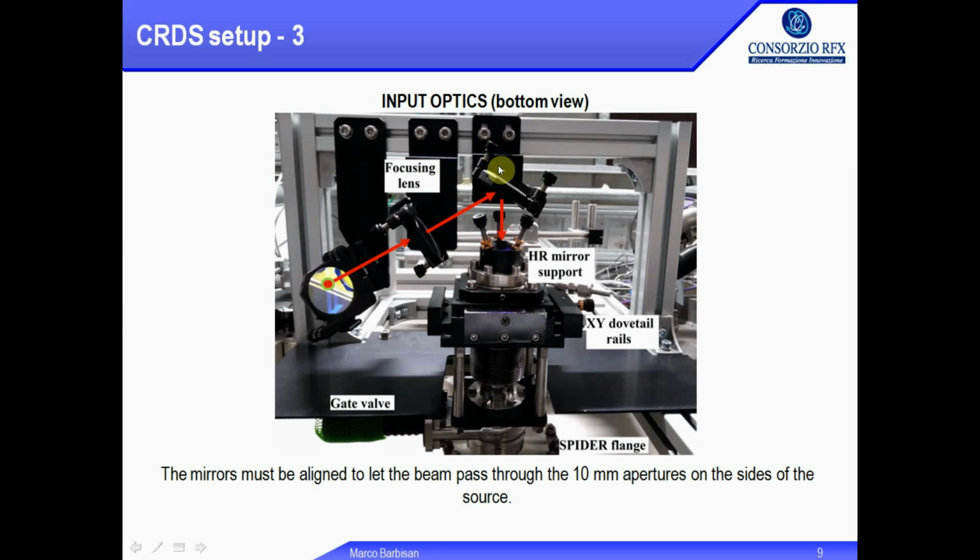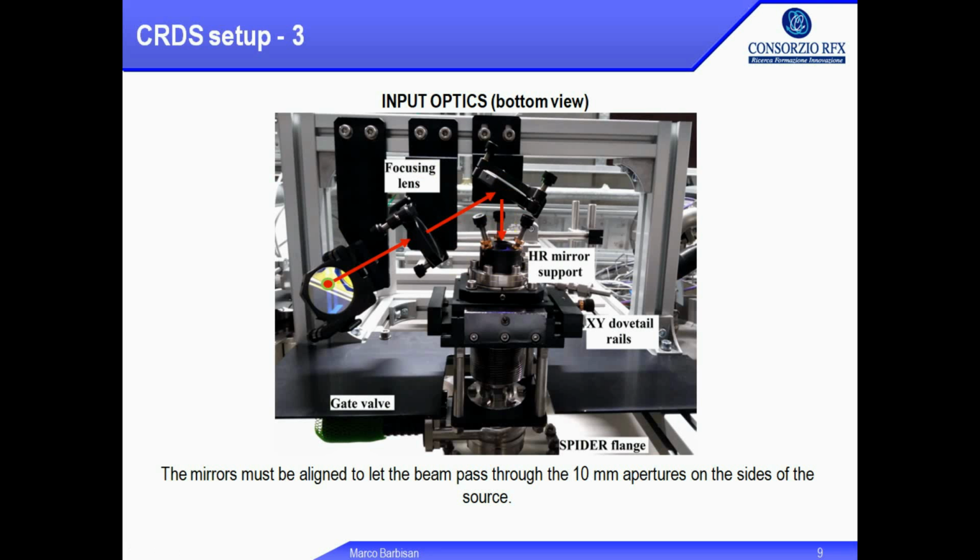These are the mirrors and the focusing lenses which deviate the two laser beams towards the entrance of the optical cavity. Here there is the first high reflectivity mirror, and it must act as a vacuum air interface.